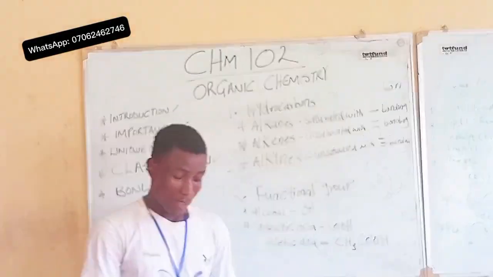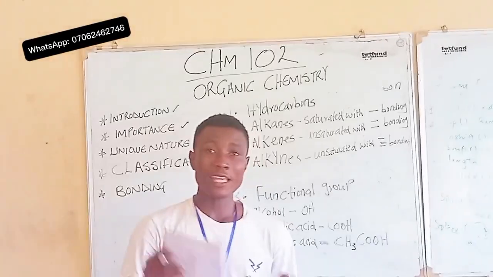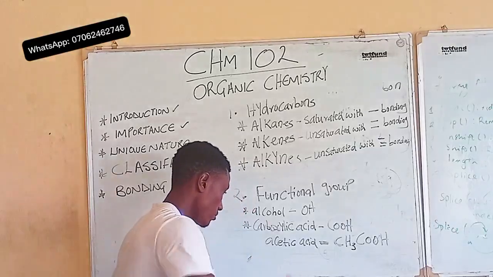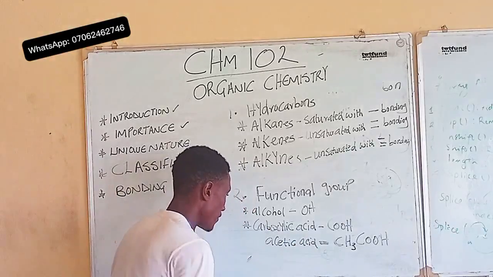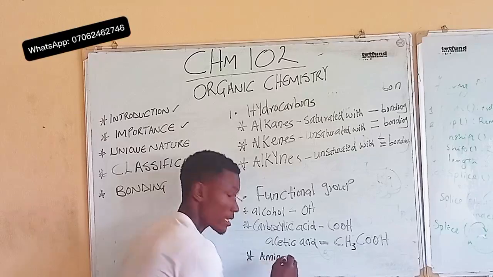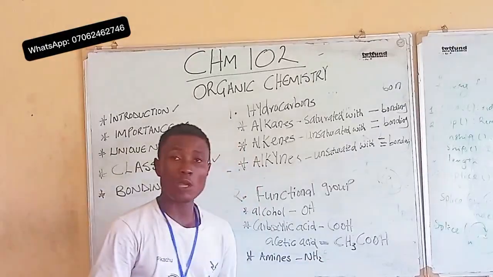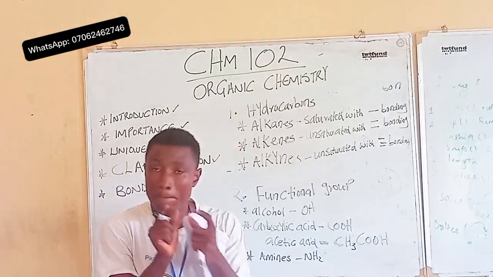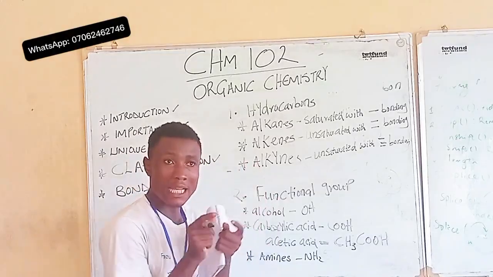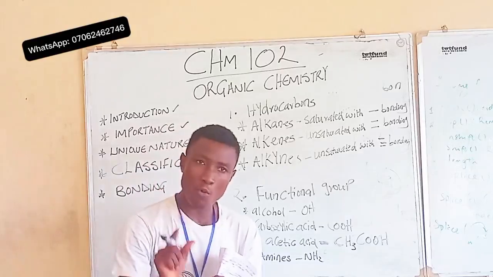We also have the amines. We have the amines that end with NH2. An example of this is methylamine. Pay attention: it's not methane, neither is it methyl, but methylamine.